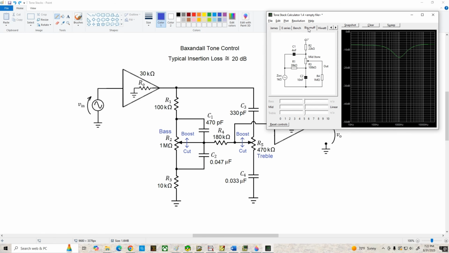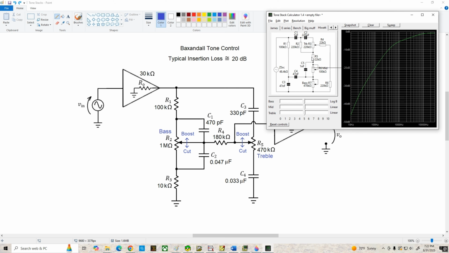We've got the big muff, which is very similar to the original single pot tone control I talked about earlier in the video. And we've got a high watt, which is another complicated tone control. But in any case, this is as far as I'm going to go with tone controls for now.